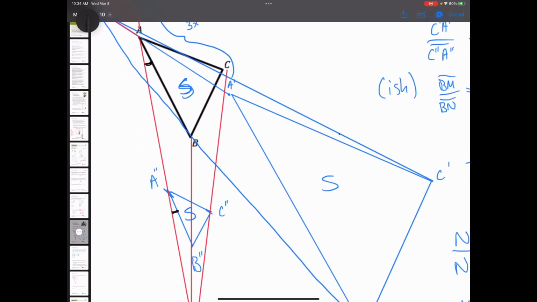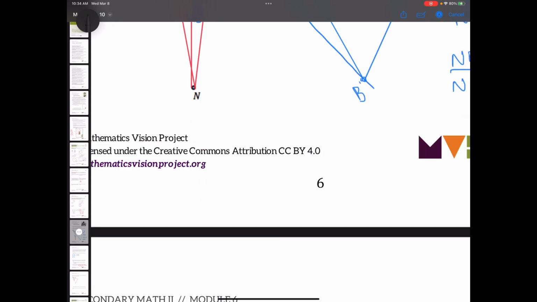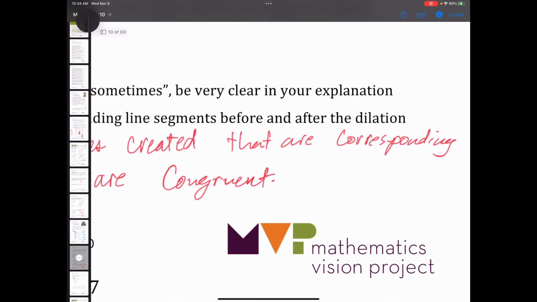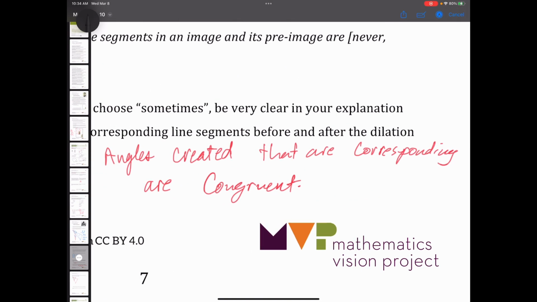If I look between C' and C, I've got it drawn poorly, but those two on your papers will be congruent because they're corresponding. If they're corresponding and congruent, that means those line segments are parallel. So you can say yes, because the angles that are corresponding are congruent. That's for number 5.